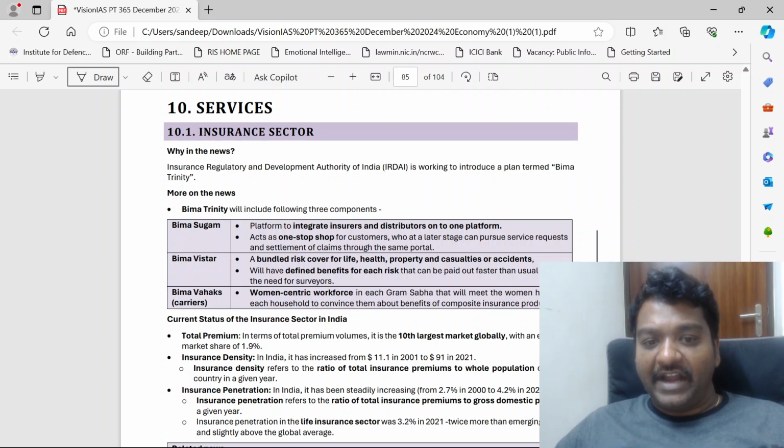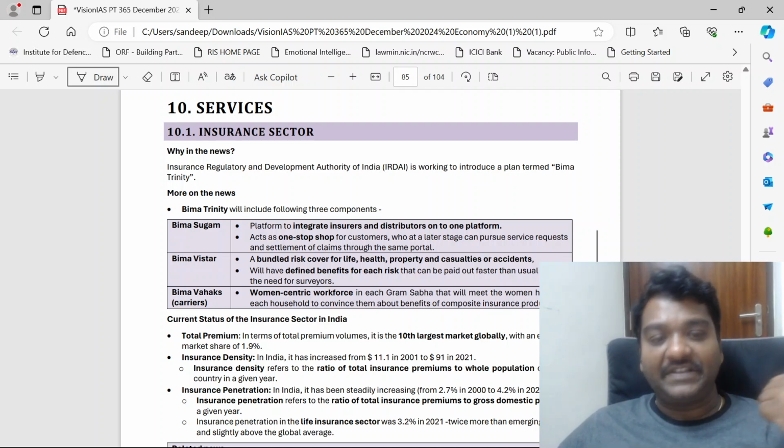A bundled risk cover for life, health, property, and casualties or accidents. Women centric workforce in each Gram Sabha that will meet the women heads of each household to convince them about benefits of composite insurance product. Okay, these three are important.